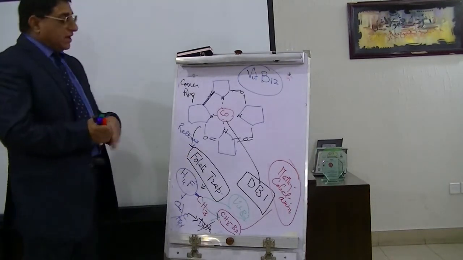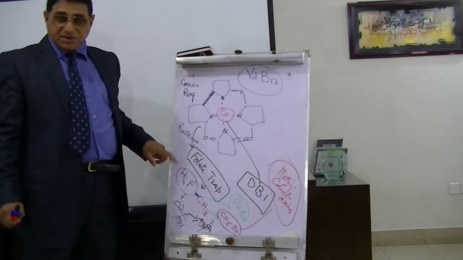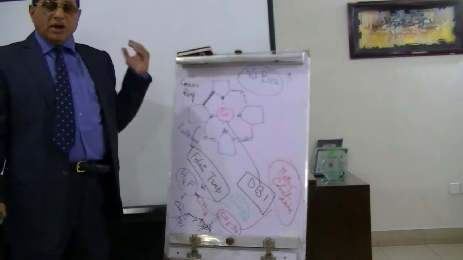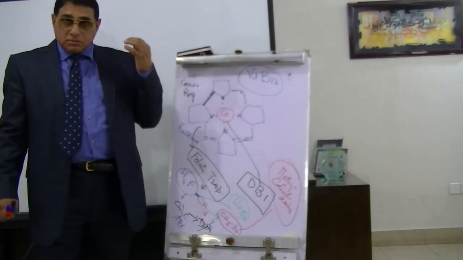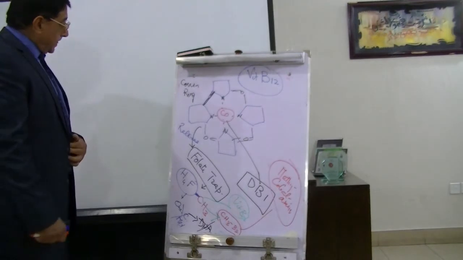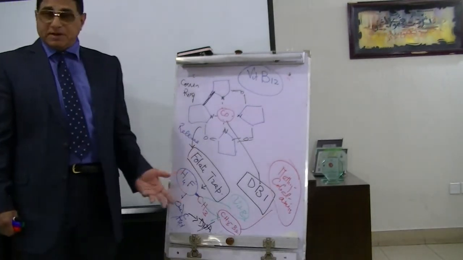That means folate deficiency leads to, say, number 1, megaloblastic anemia, number 2, anencephaly, number 3, spina bifida.